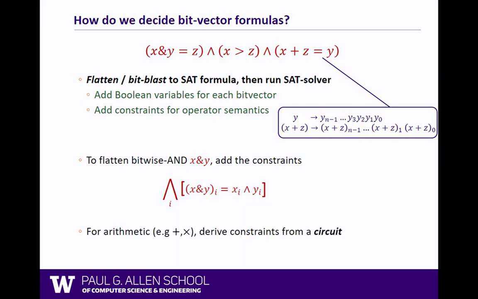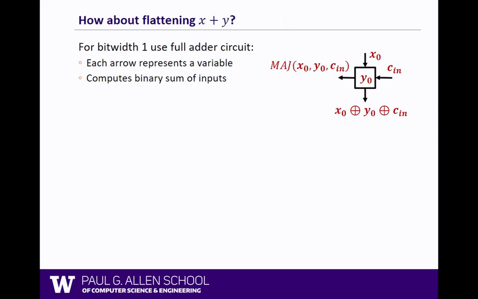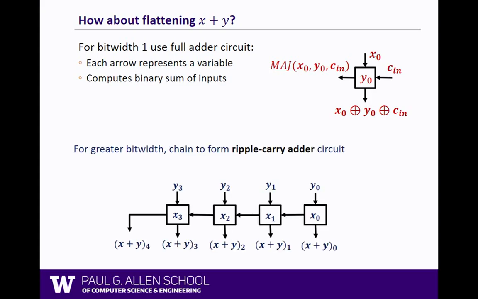To flatten arithmetic operations like plus and times, we get our constraints from a circuit implementation of the operation. So for example, in order to flatten addition, x plus y, for bit widths of 1, we can simply use this full adder circuit. And for greater bit widths, we can chain these full adders together to form what's known as a ripple carry adder circuit that adds together two length n bit vectors x and y.